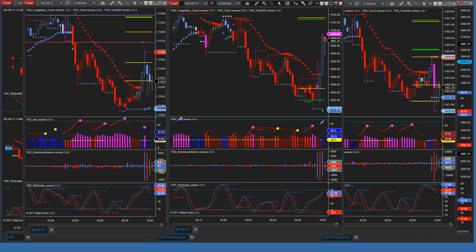Okay, we then have the ADX. In the ADX, the most important aspect is actually this magenta dot. Anytime this magenta dot forms a mountaintop, we call that a magenta peak. The significance is that price will retrace down to this ATR, okay?